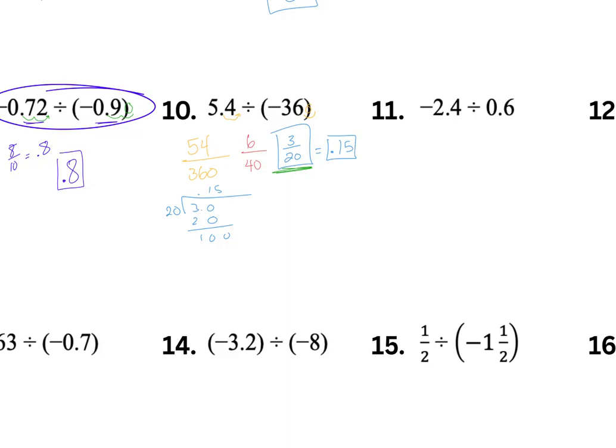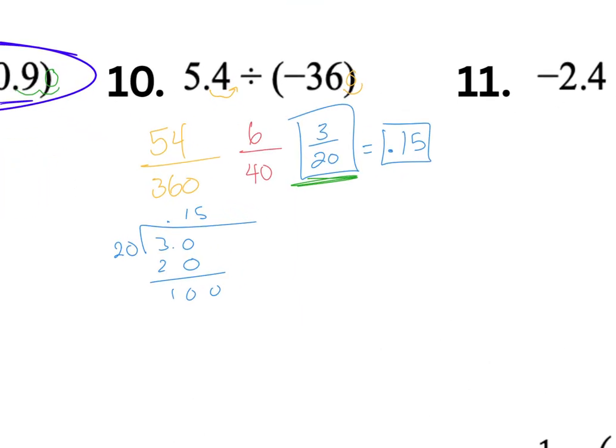So let's do this. 36, I need to zoom in for my pen to not be giant. 36 into 5.4. Well, 36 can't go into 5, and it can go into 54 once. When we subtract, we get 18. We're going to bring down a 0. And now, how many times does 36 go into 180? 5 times.